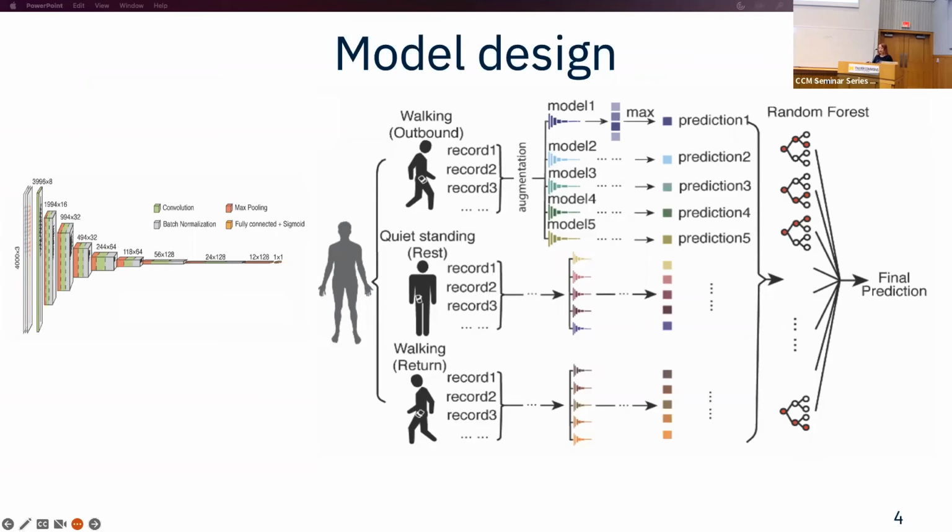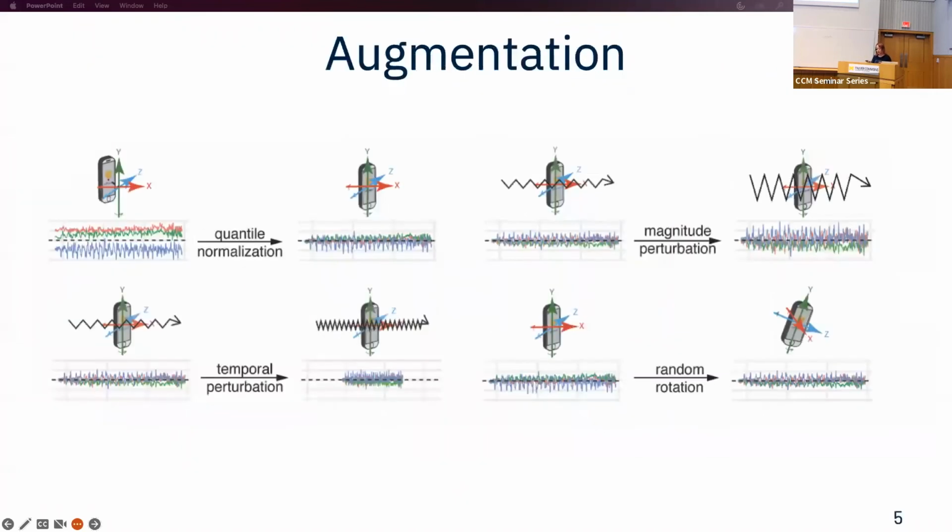But we also have to pinpoint that every patient contains 3 different kinds of walking phases, and each patient could have multiple records. So besides using the convolutional network, we use different pooling methods to ensemble all of the predictions from different kinds of records and from multiple records for each patient to make the final prediction.